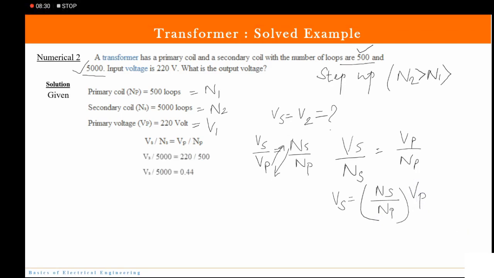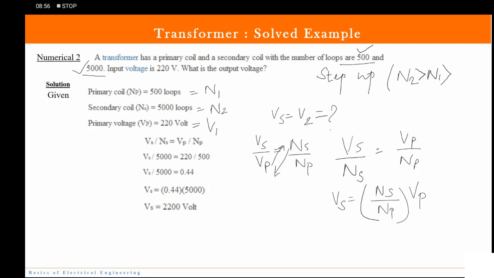Yes. So we will place the value and we get Vs equal to 2200 volts. Wasn't it very simple? We just have to know the turns ratio, the relationship between the number of turns and the output voltage.